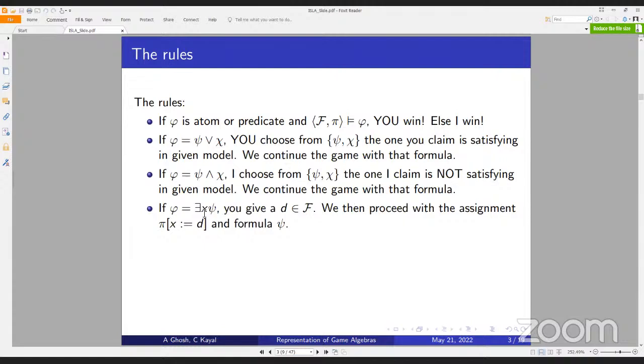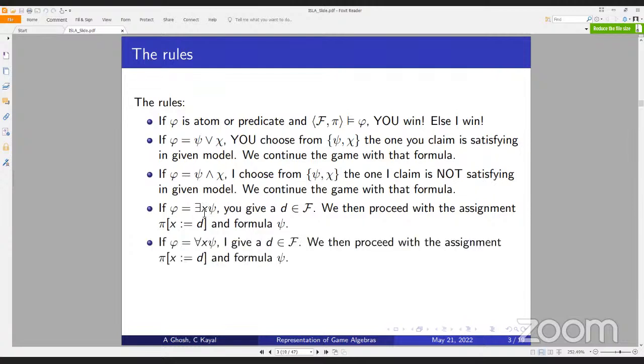And similarly, for disjunction and for all, whenever it is for all, I give you a value in the domain and claim that when you assign this value to x, the rest of psi becomes false. Hence, for all x, psi will be false.